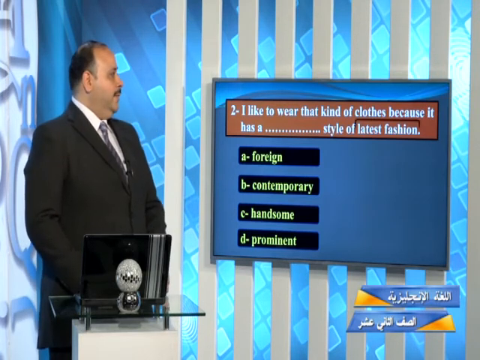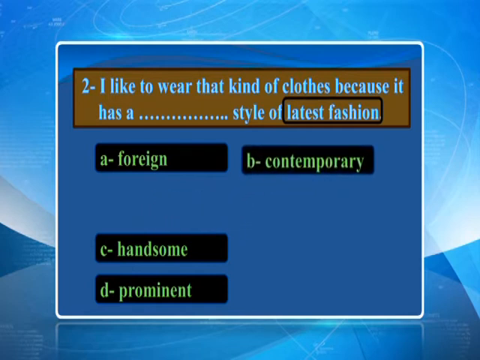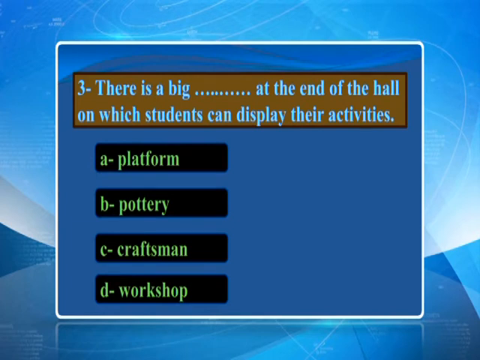Let's see. Latest fashion. So we are talking about latest fashion. So the correct answer is foreign, contemporary, handsome, or prominent. So normally when I say latest fashion here, the correct answer is, very good, contemporary. Now let's move to number 3.